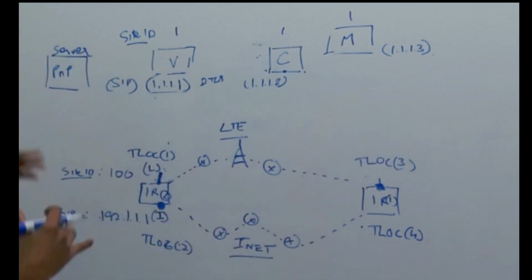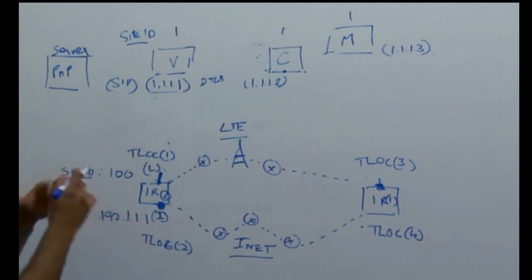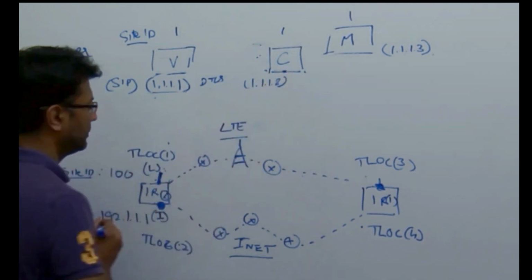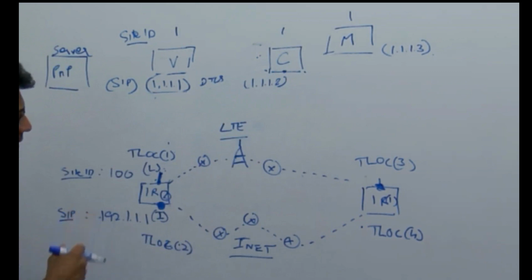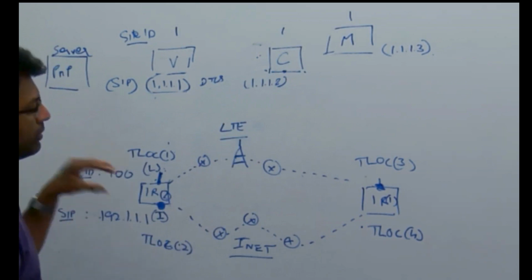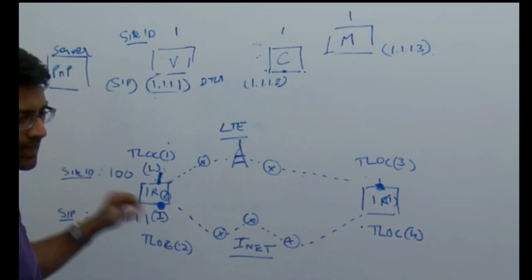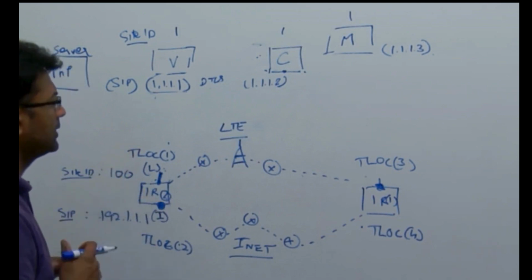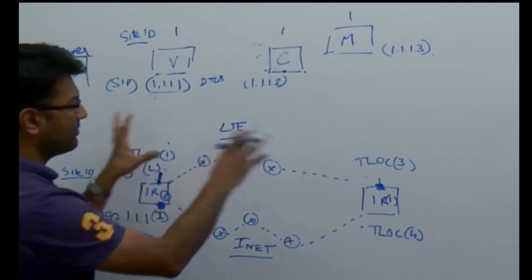All of the control information, the keys to form tunnels, or advertisement of the next hop information, all of that has been done through the controller, right? So keep that in mind, and this is what we mean when we say that we have control plane and data plane separation.